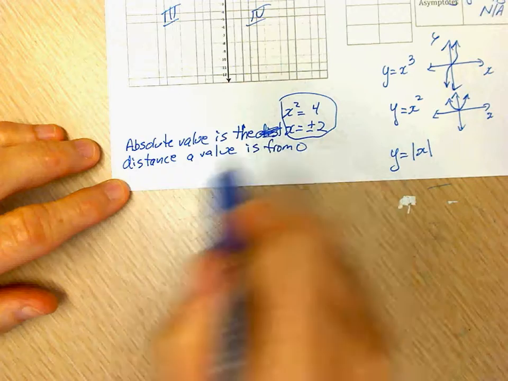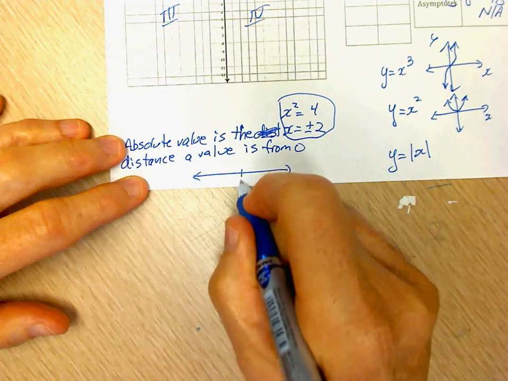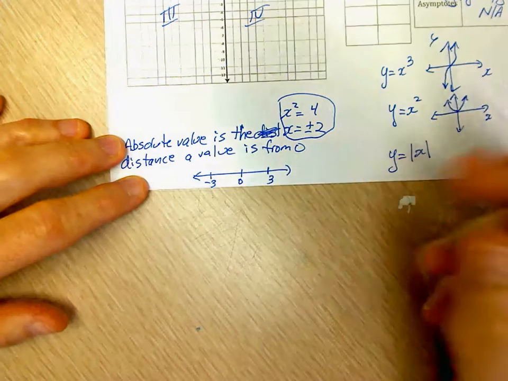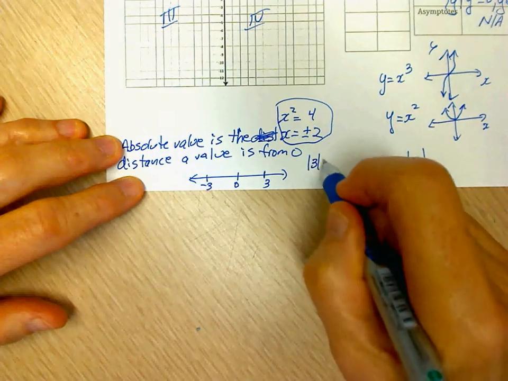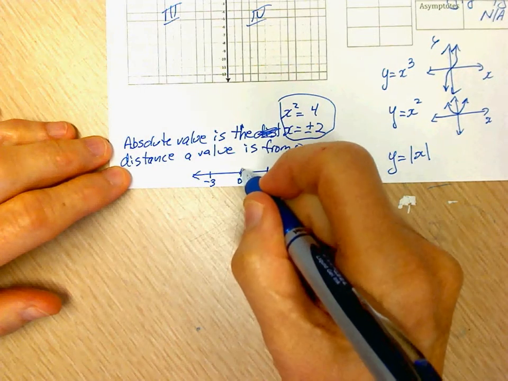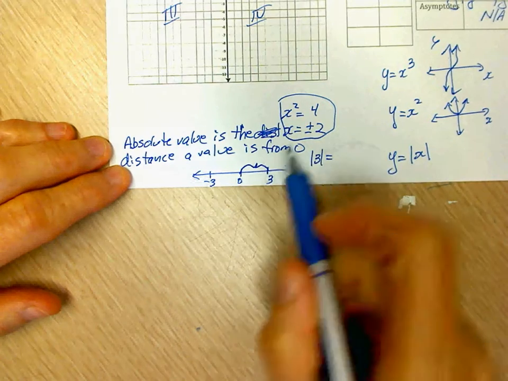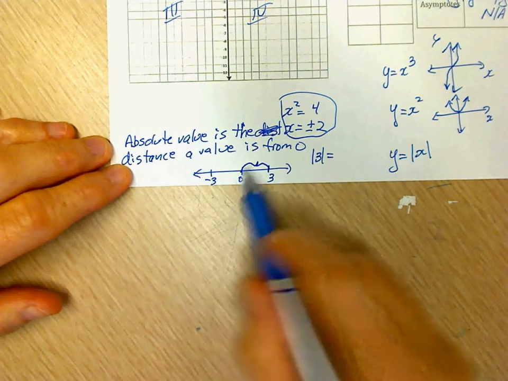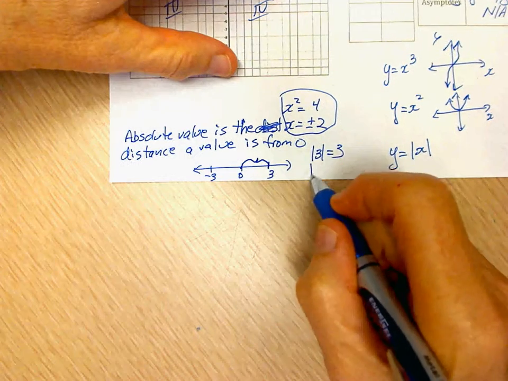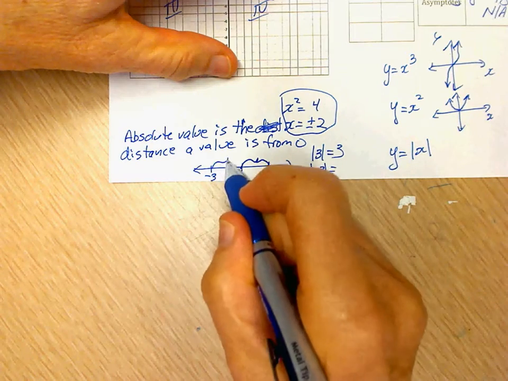So if I were to draw a little number line here, and if I were to put 3 and -3. So let's look at the absolute value of 3. The absolute value of 3 is asking for a distance, and you know distance is always positive. So the distance 3 is from 0 is 3. And the absolute value of -3, well, the distance -3 is from 0 is 3.